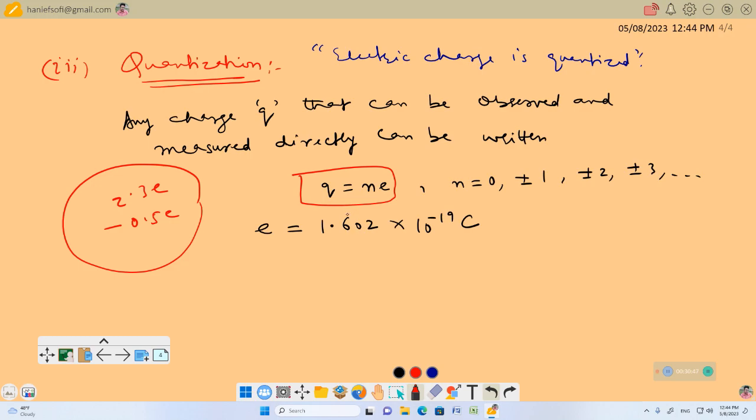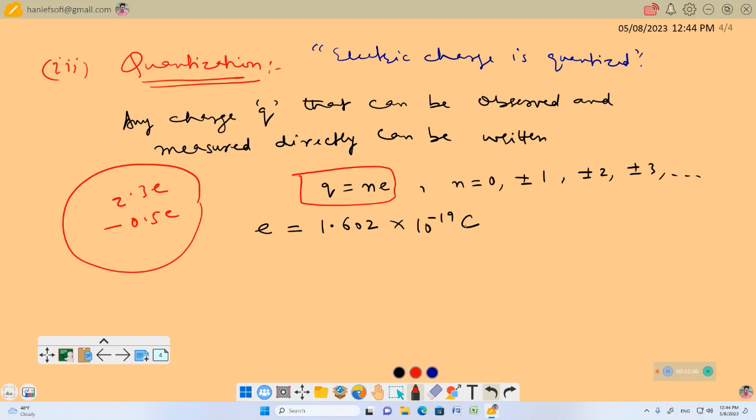Now, what is quantization? Quantization means the physical quantity in question behaves this way: some small amount is possible, and then all higher values are integral multiples of that small value.